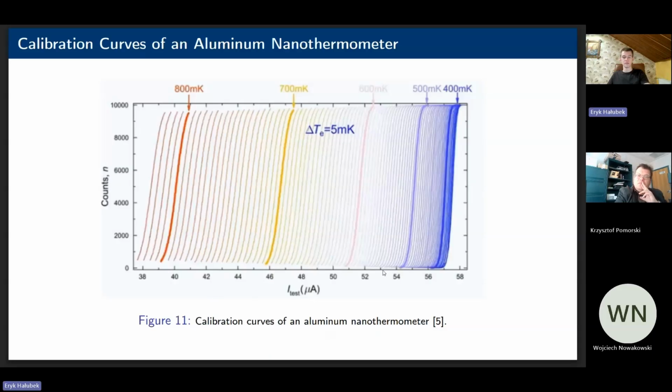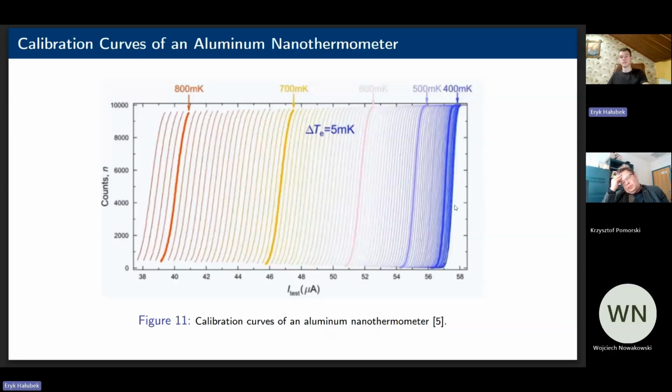So as the current increases, the probability of switching at a certain constant temperature increases. And as the temperature drops, the temperature of the surrounding of the thermometer at which it is kept also corresponds to a higher value of the switching current.